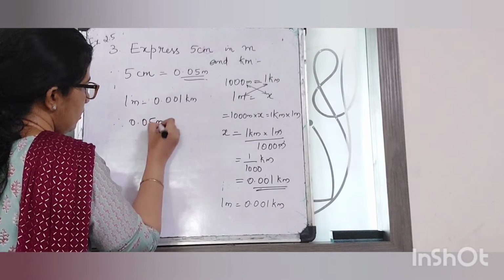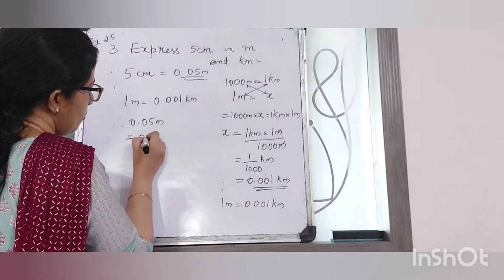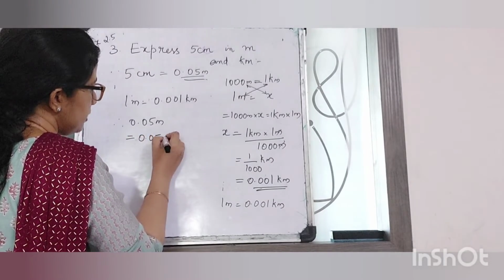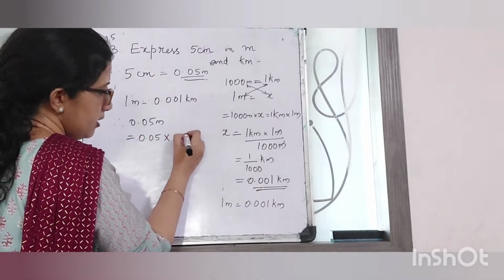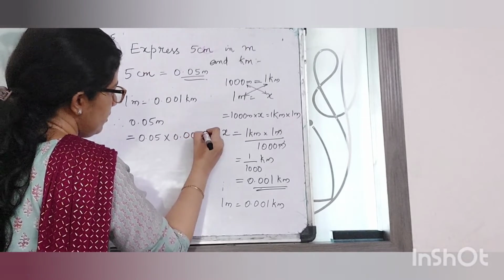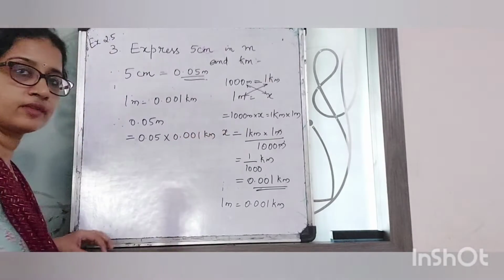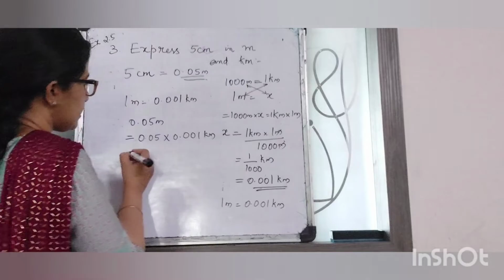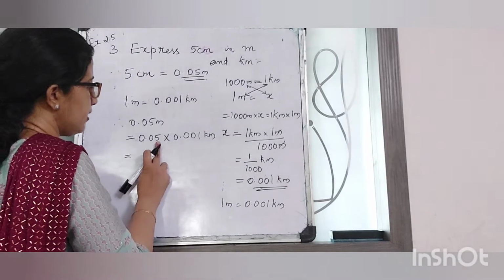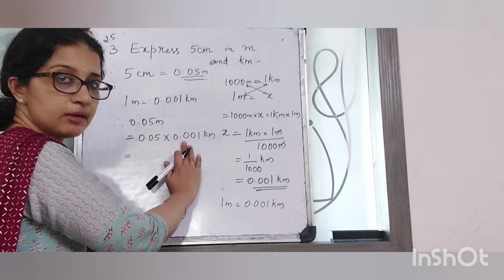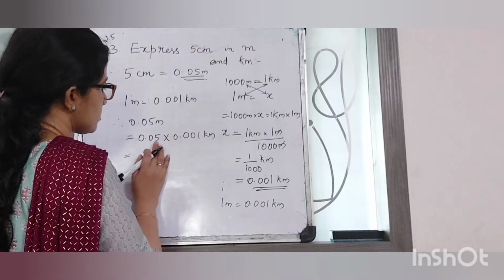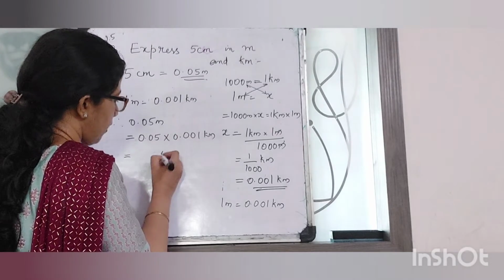0.05 meter is equal to 0.05 into 0.001 kilometer. Clear? Which is equivalent to, how will we multiply? Just first ignore the decimal points and multiply the numbers. 5 into 1 is 5.